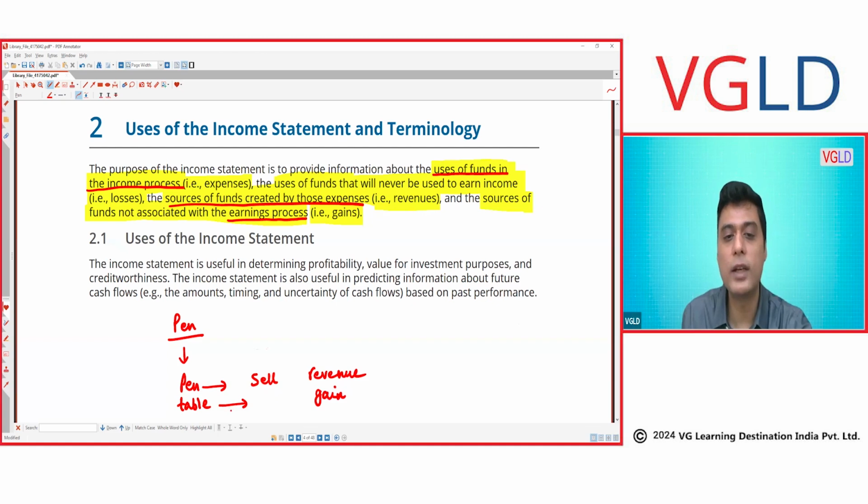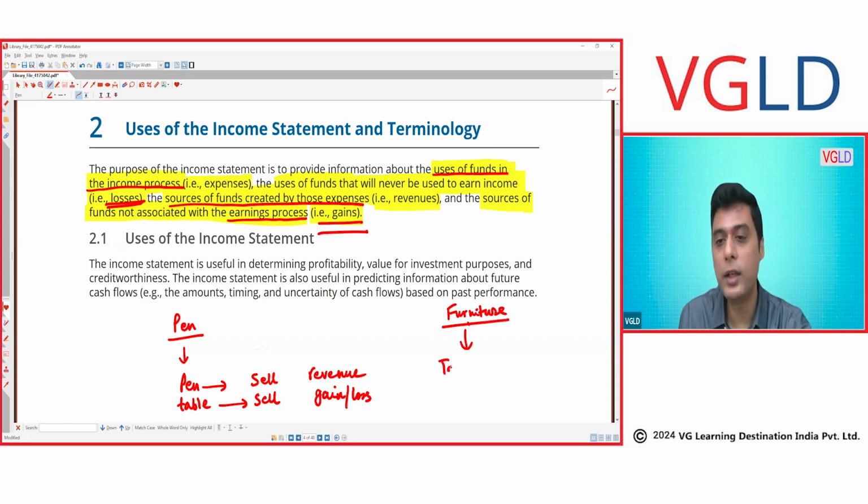Or if there is a loss on the sale of that table, it will come under loss, right? This gain or loss will not come under revenue. But if you are a furniture manufacturing company, and you sold a table, this will come under revenue, because for you, this is your core operation. Manufacturing and selling of furniture is your core operation.